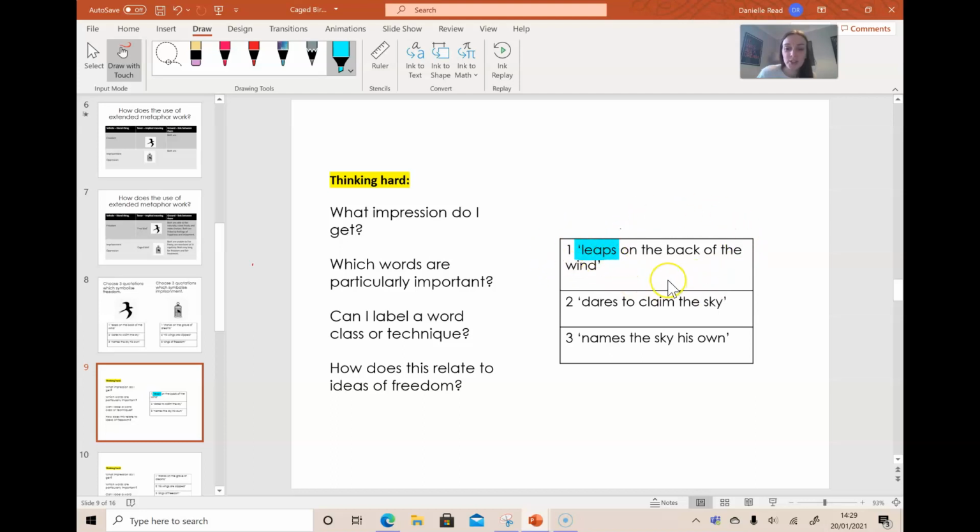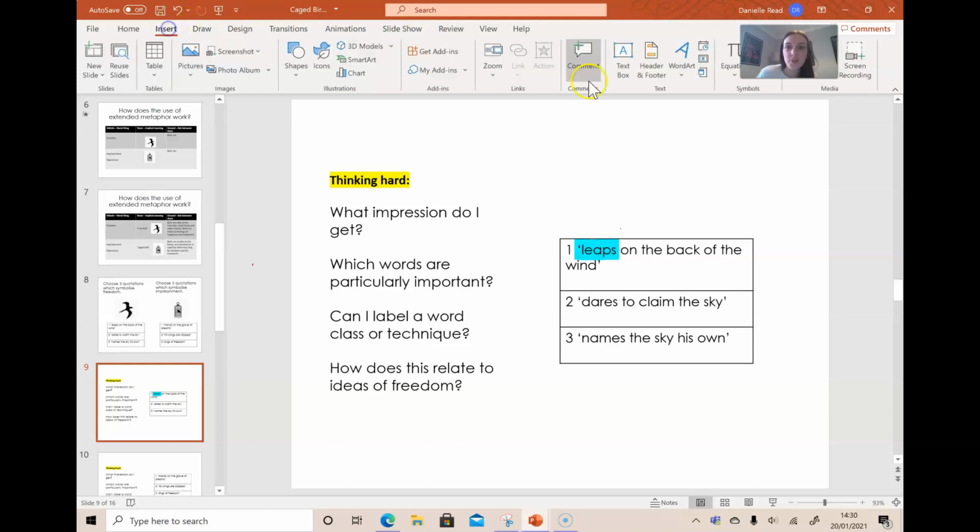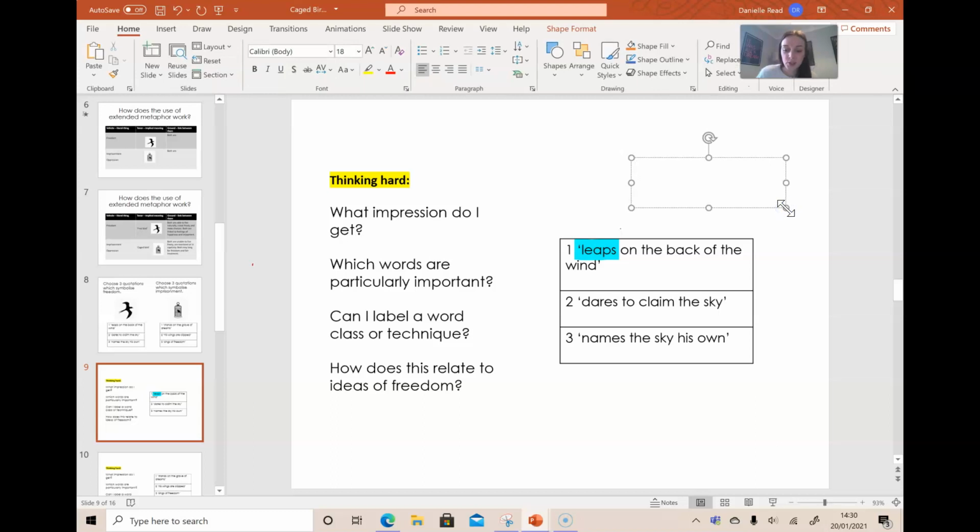I think this whole image is one of freedom, leaping on the back of the wind, enjoying being outdoors in the natural world. And I can certainly label here, can't I? So if I just put in a little box, okay, so leaps. Well, can you tell me what word class it is? Good, well done if you got that: leaps is a verb. So a verb that suggests that you are moving freely. In fact, I might say leaps is like jumping.